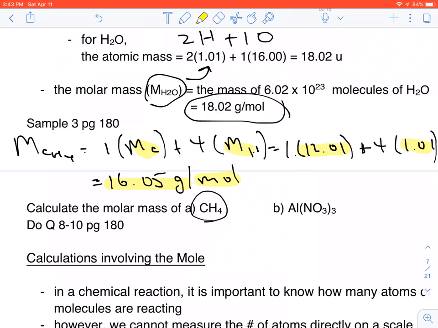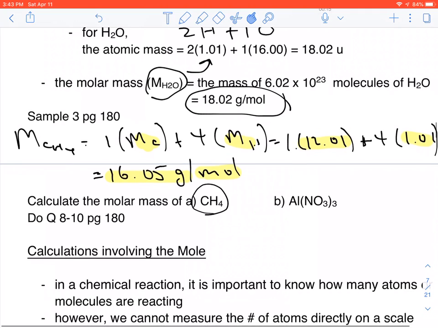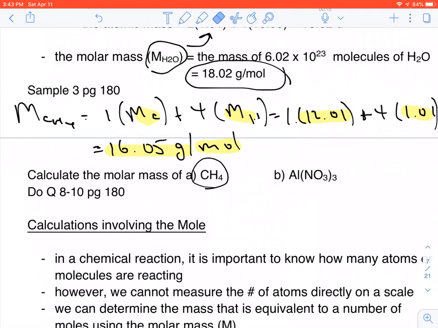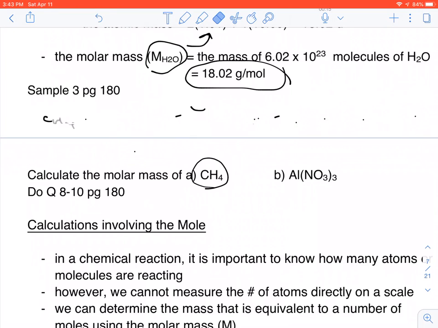Now, if I do aluminum nitrate, Al(NO3)3, okay, let me erase this one because I need this working space here. If I try to do aluminum nitrate, the trick to this question is figuring out how many atoms of each are present. So if I look at the aluminum nitrate here, I got to figure out how many atoms and what are there.